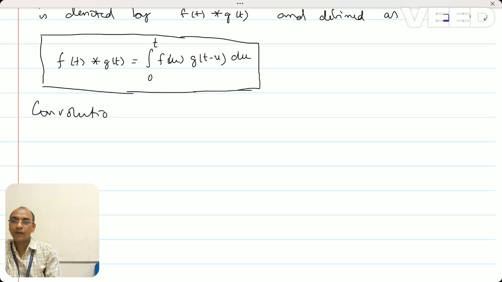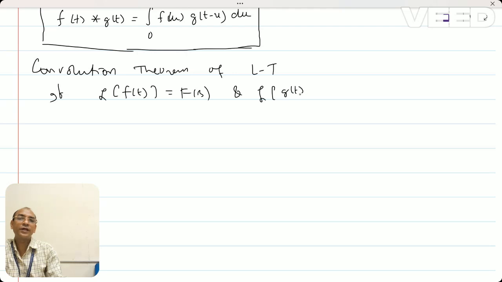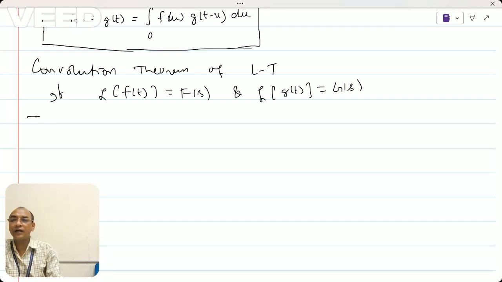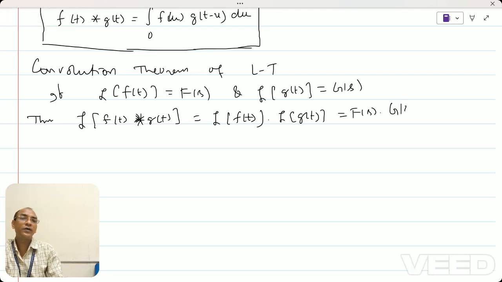If Laplace transformation of f of t is F(s) and Laplace transformation of g of t is G(s), then Laplace transformation of the convolution of f of t and g of t is equivalent to saying Laplace transformation of f of t into Laplace transformation of g of t, and that is equal to F(s) into G(s).